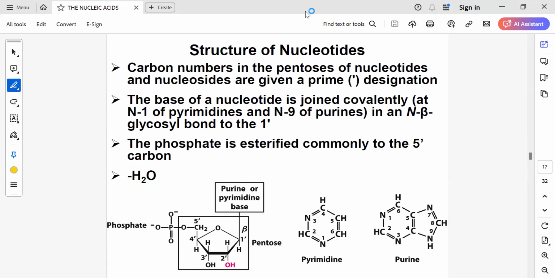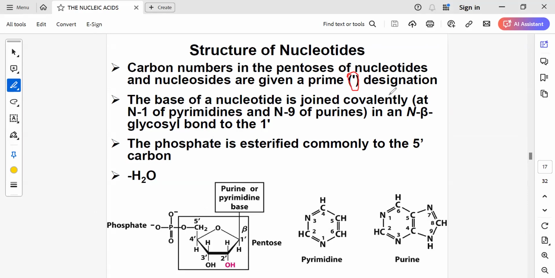Under the structure of nucleotides, carbon numbers in the sugar of the nucleotides and nucleosides are given a prime. So usually the carbons in the sugar, we name them with a prime. That is why, look at it here, we have 1 prime, 2 prime, 3 prime, 4 prime.